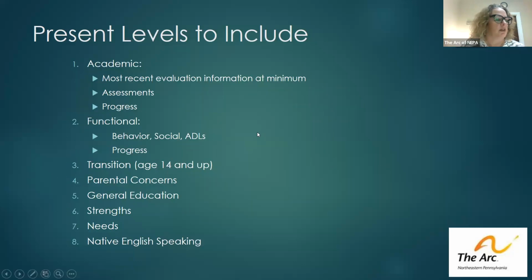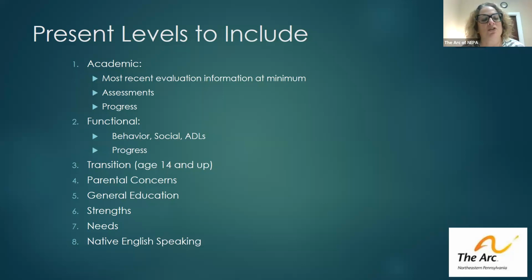Also in the present levels, any kind of transitional information if the student is age 14 or up or turning 14 during that IEP. So any kind of present levels towards those transitional goals would be included. Again, parental concerns, which we bring up all the time at our advocacy presentations, is very important as you are an equal member of the team. So we're actually having a whole other training next month on important parental areas of the IEP.